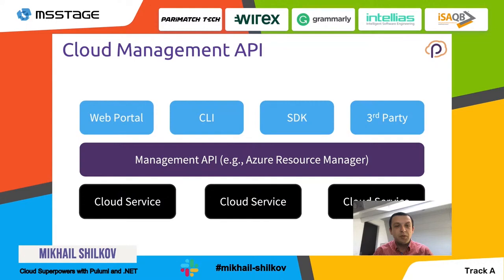It doesn't matter which tool you use as a front end to issue that command. In the end, it will end up on the ARM API and will trigger the same API from Azure Portal or from AZ CLI or some SDKs or a third-party tool like Pulumi.